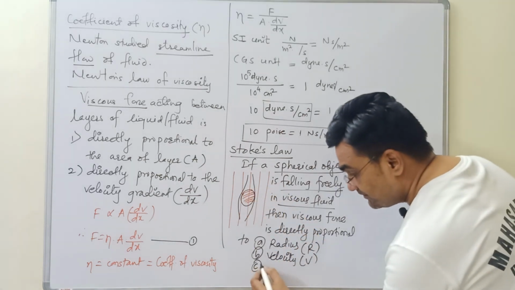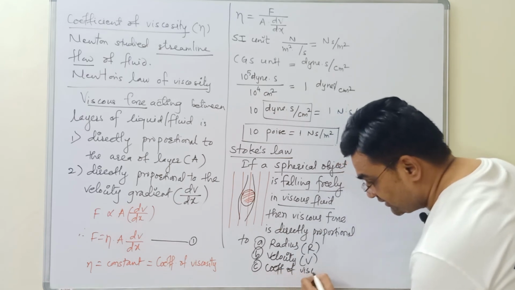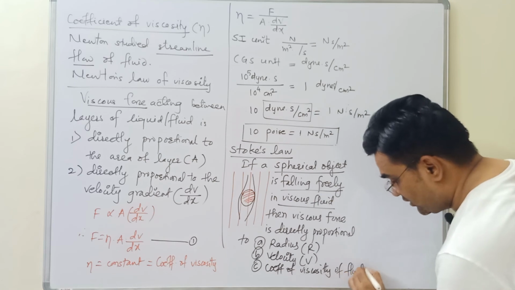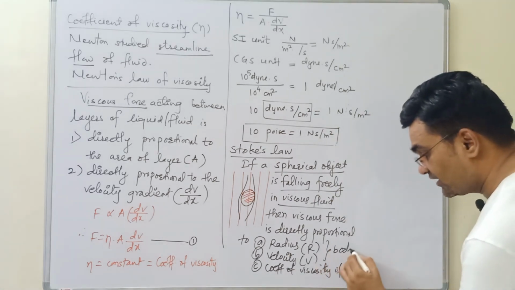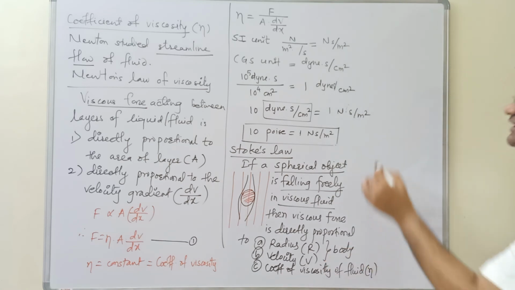And third is the coefficient of viscosity of the fluid. The first two are for the spherical body, and the coefficient of viscosity for the fluid is eta.